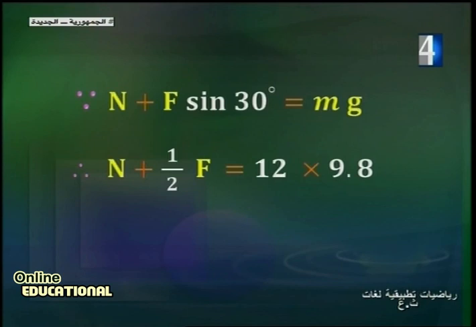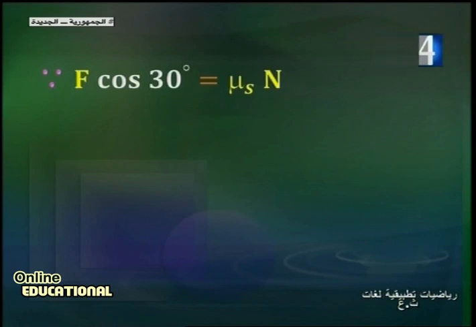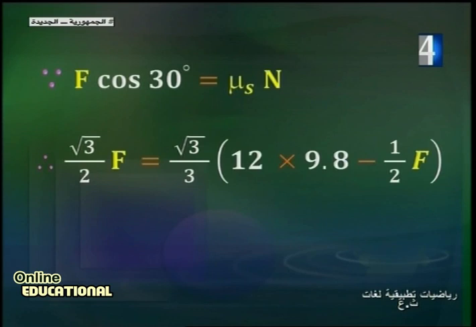Then the normal reaction N equals 12 multiply 9.8 minus half F. And F cosine 30 equals mu s N. Cosine 30 degrees is root 3 over 2, so root 3 over 2 multiply F equals mu s, which is root 3 over 3, multiply between two brackets 12 multiply 9.8 minus half F.